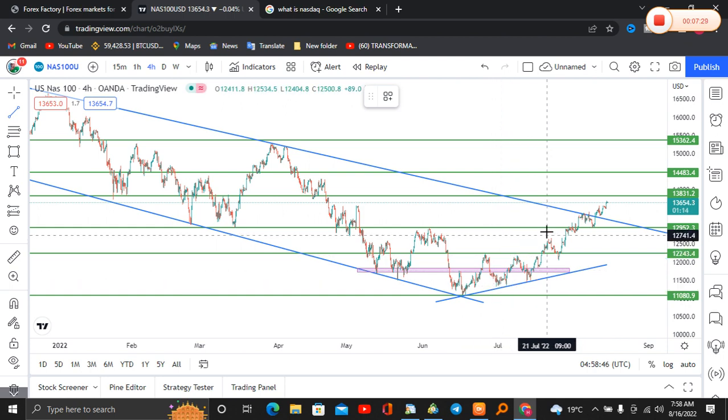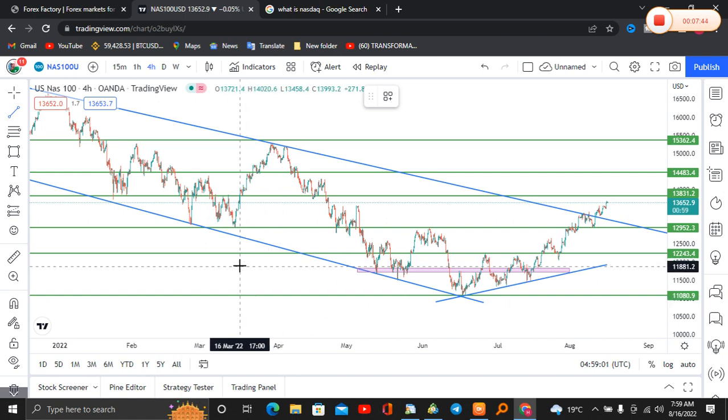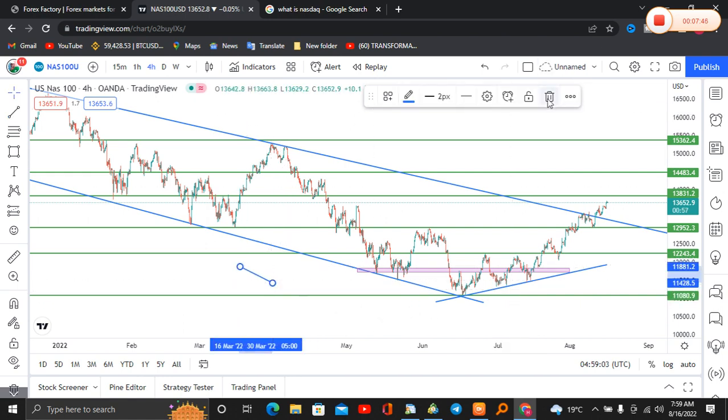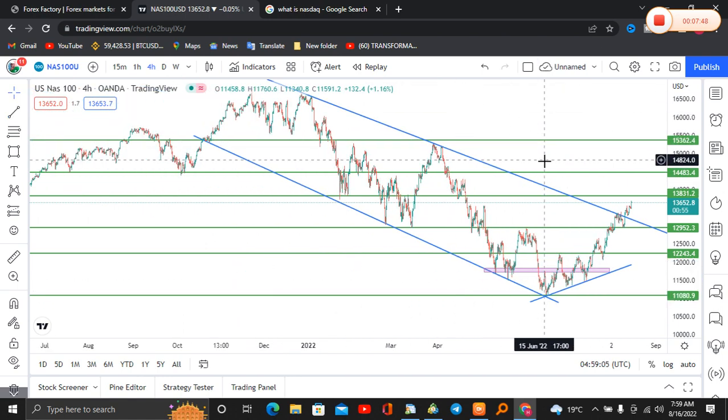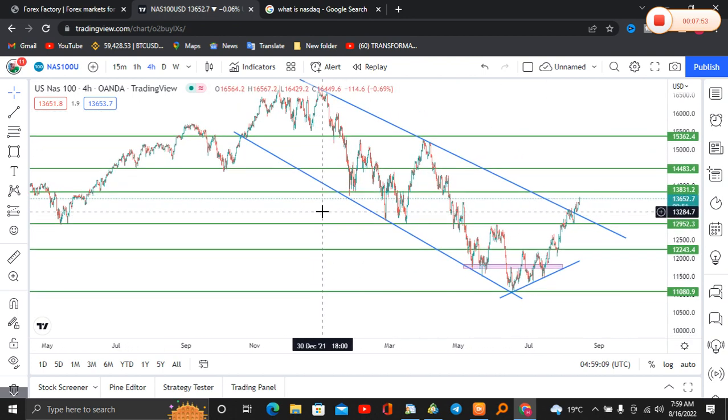This is the key indicator to show you that the trend has changed. Putting that aside, we also had a reversal pattern formed on a major zone.